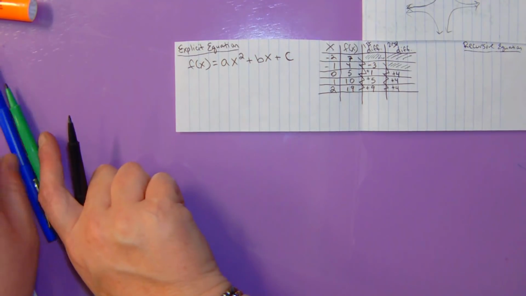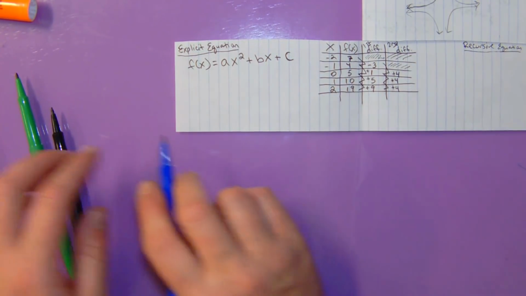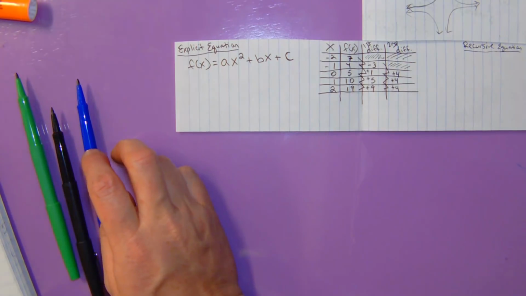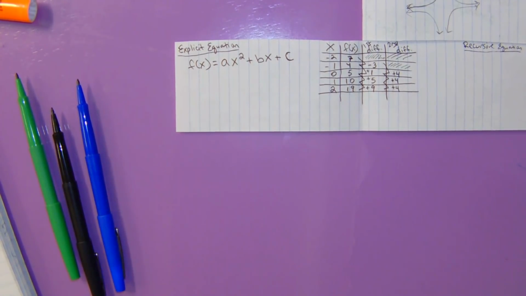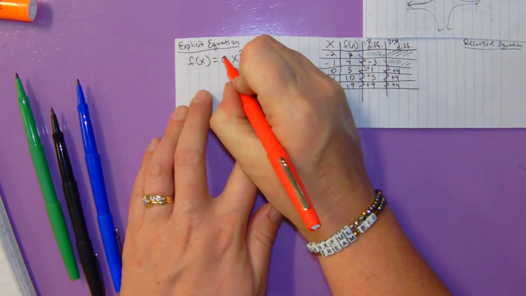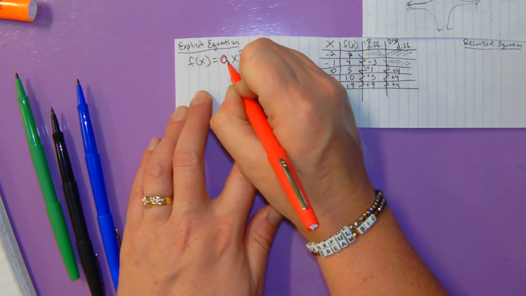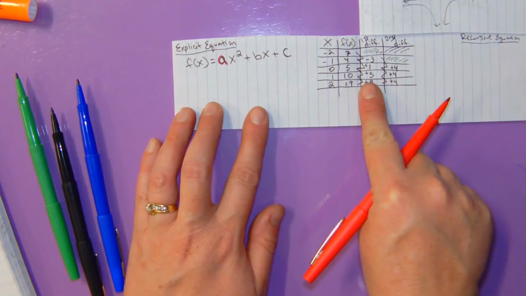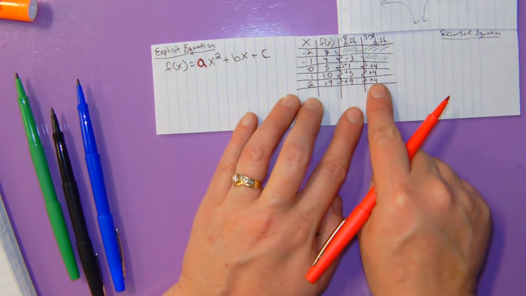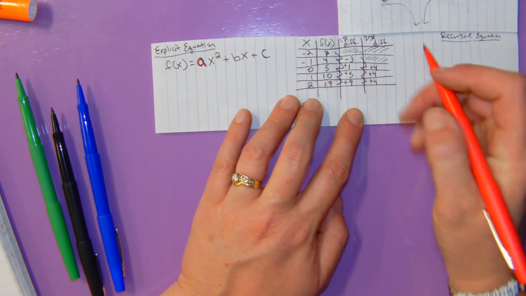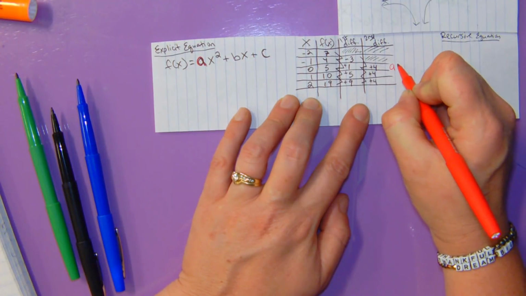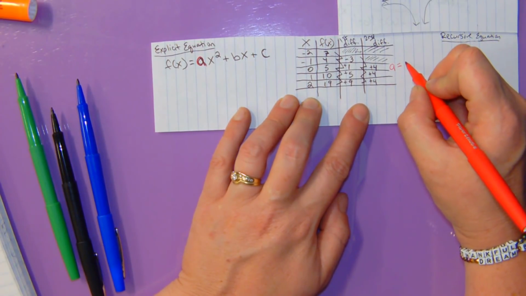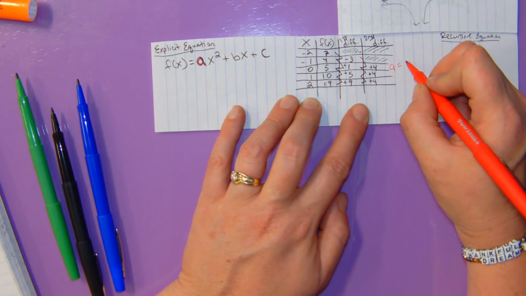So now the a, I'm going to make to be actually a new color. I'm going to make it red. And so A is red. Your A you can't get just from your table directly, but the way your A is found, your A actually equals the second difference divided by 2.